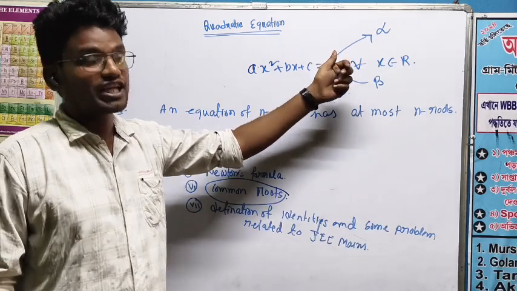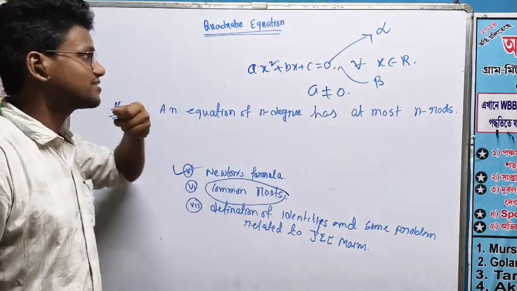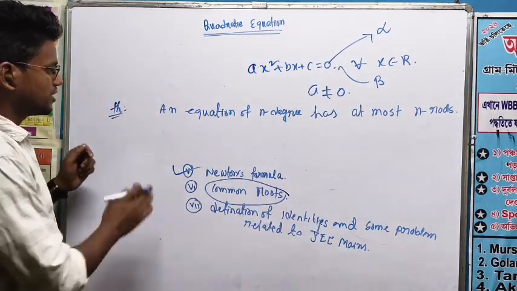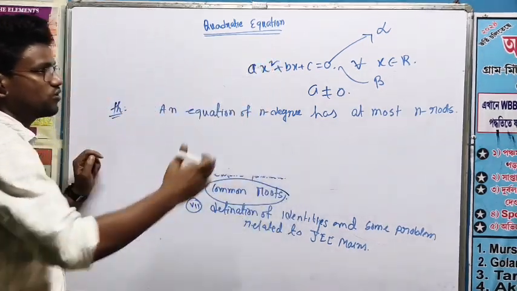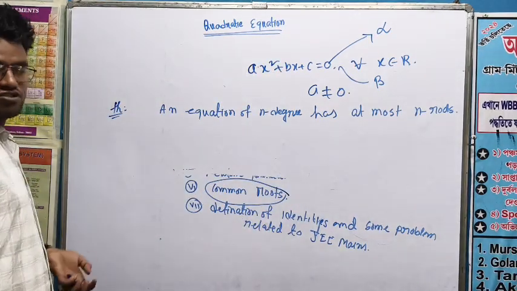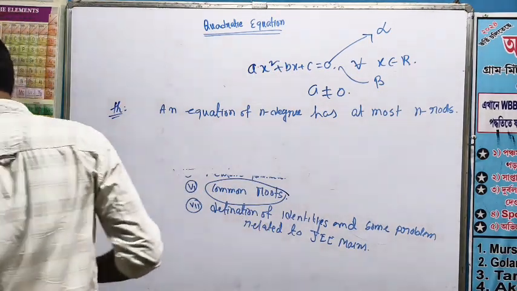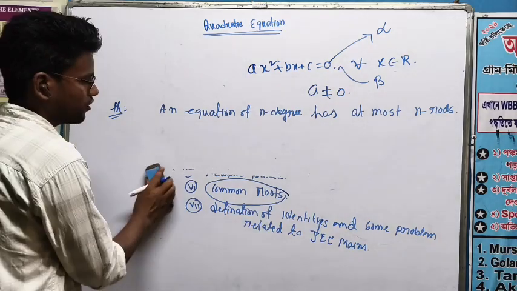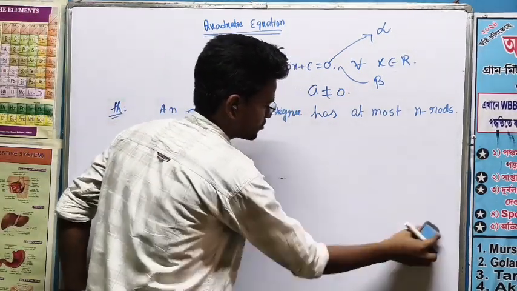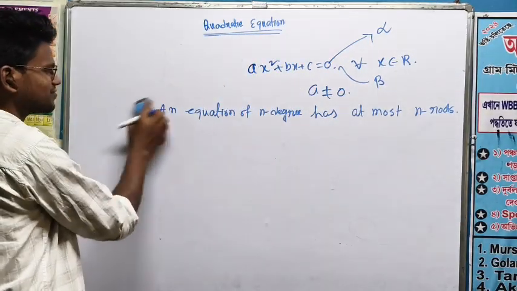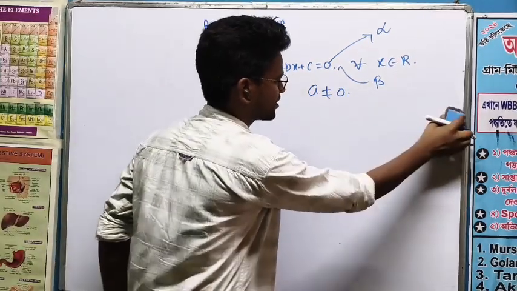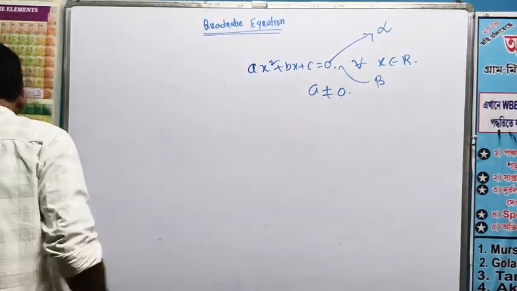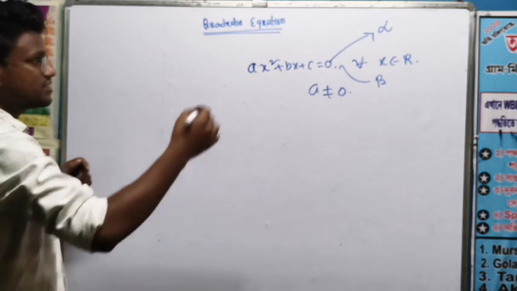Mathematically, we always want to prove. So how to prove there are just two roots, alpha and beta? I'll discuss the proof, because without proof mathematics is incomplete in my view.